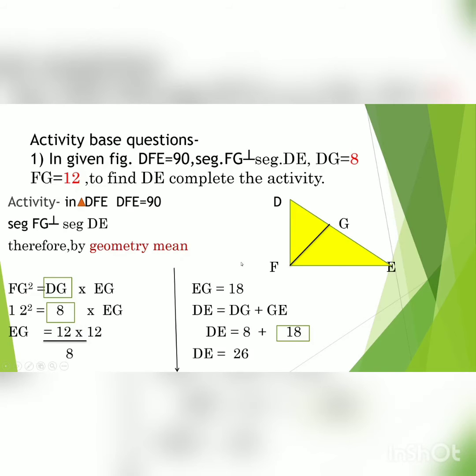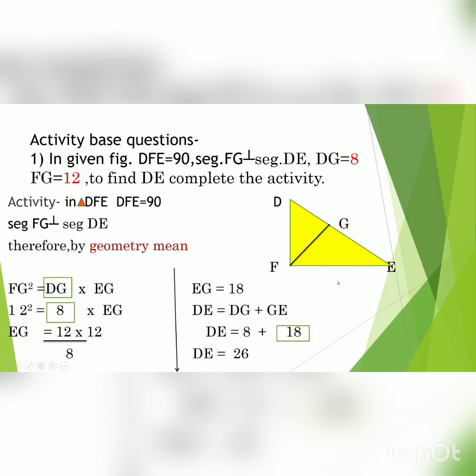In the last session you learned about the geometric mean property. In this right angle triangle, FG is perpendicular to the hypotenuse, so applying the geometric mean property, FG is the geometric mean of DG and EG.